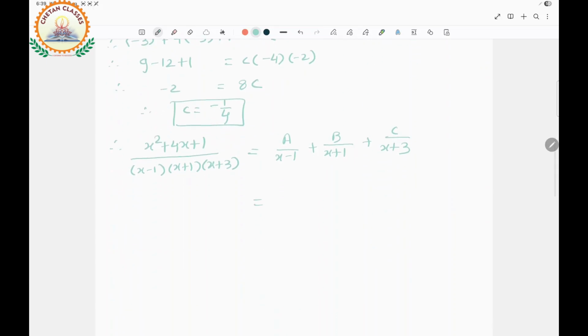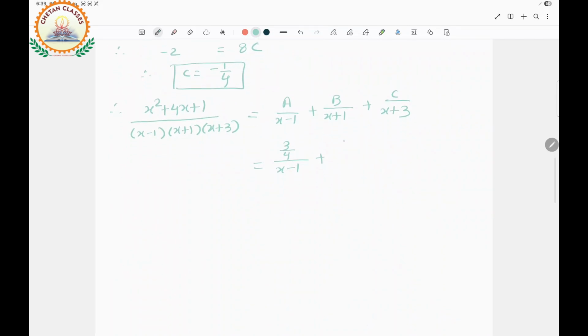So A is 3 by 4, so 3 by 4 upon x − 1, plus B is half, so half upon x + 1, plus C is −1 by 4 upon x + 3.